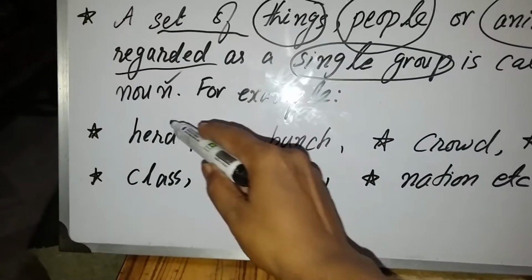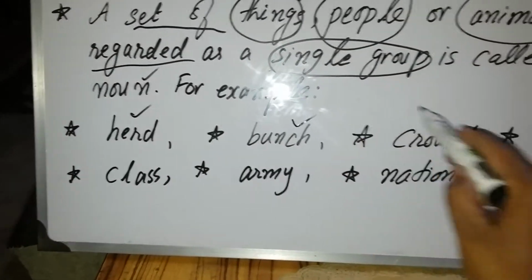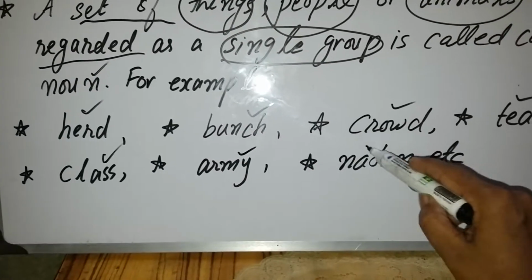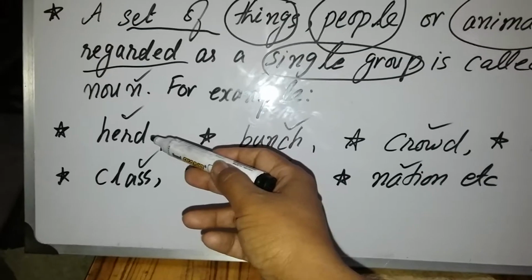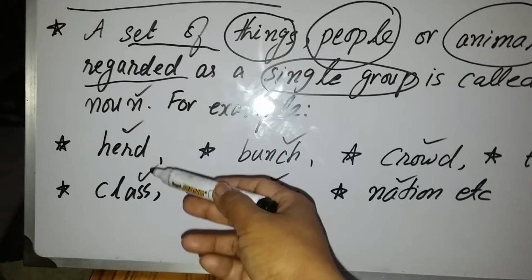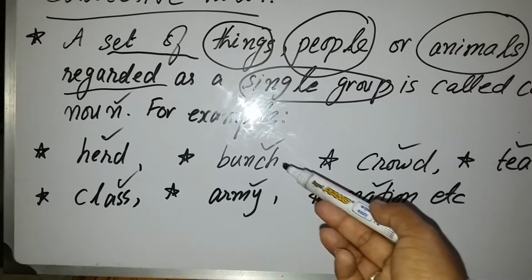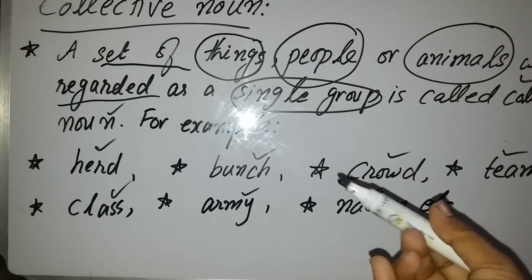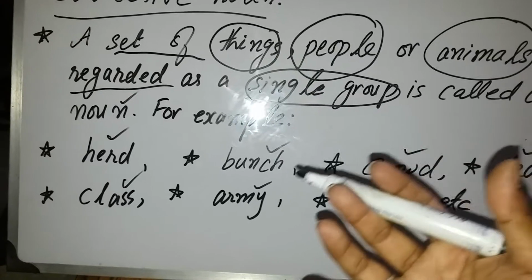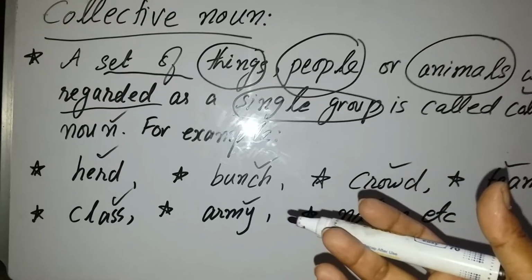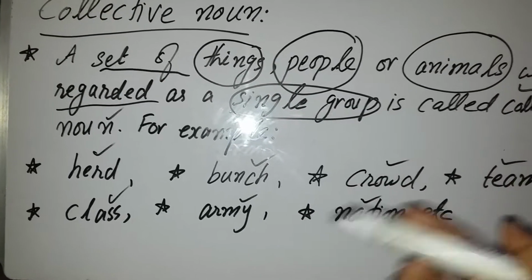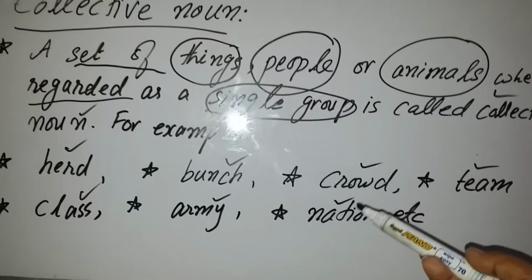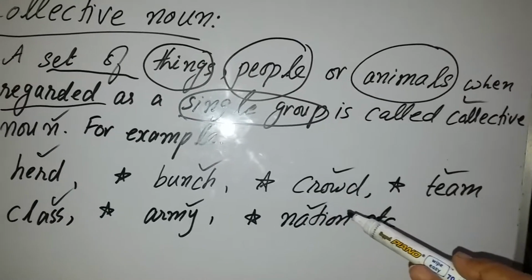For example, herd, bunch, crowd, team, class, army, nation, etc. Herd is used for a group of animals. Bunch is used for flowers or fruit: bunch of bananas, bunch of grapes, bunch of flowers, etc. Crowd is ordinarily used for people, crowd of people.